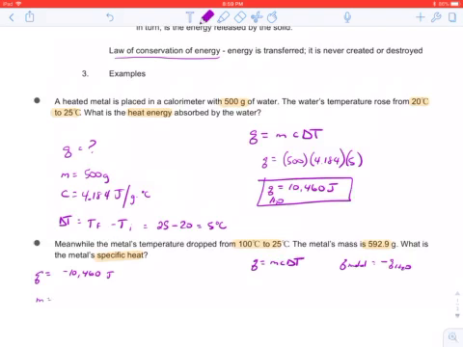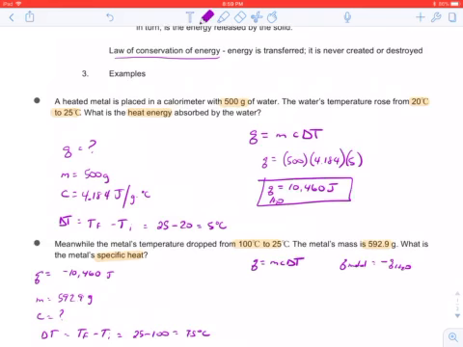M is our mass, and that's going to be 592.9 grams. C is our specific heat, that's what we're looking for. Delta T is our temperature change, T final minus T initial. The metal went from 100 to 25, so it will be 25 minus 100, which gives us negative 75 degrees C.